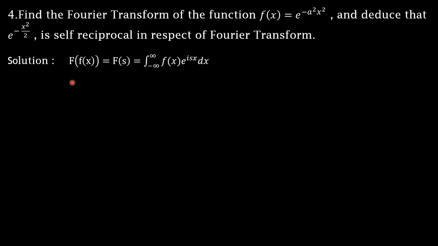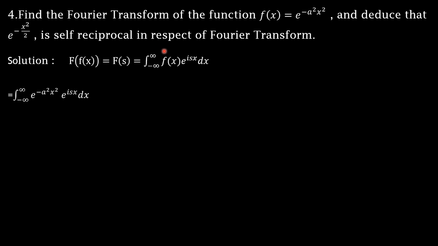From the definition of the Fourier transform, the Fourier transform of the function f of x is given by the integration of f of x into e to the power isx dx, where the limits of x vary from minus infinity to infinity.